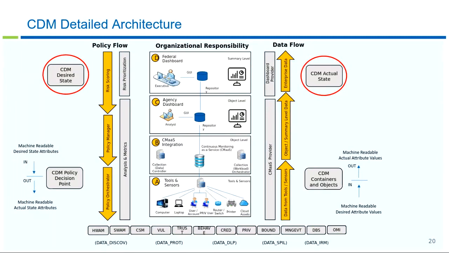These tools and sensors are described as containers and objects that have machine-readable desired attribute values as the input, as well as machine-readable actual attribute values as the output. So the desired values are compared to the actual values, and the actual values are provided from the bottom up into the dashboards at the agency level as well as at the federal level. This is the overall architecture of CDM.